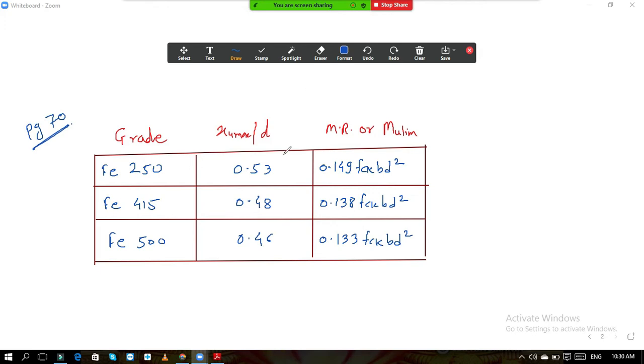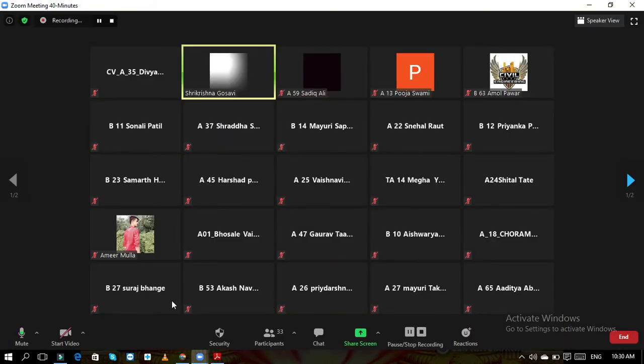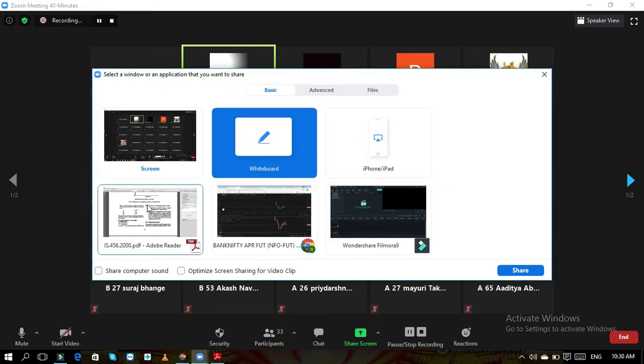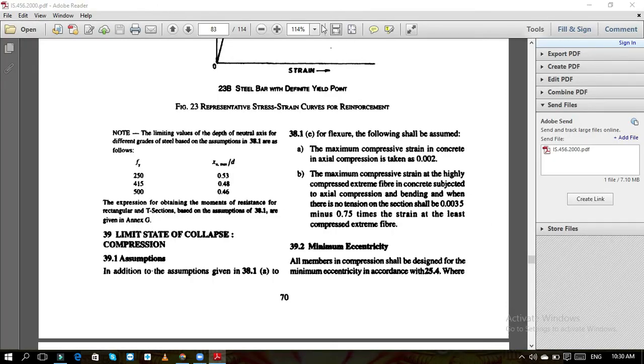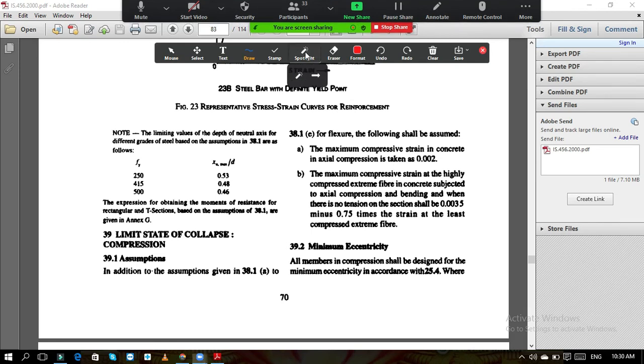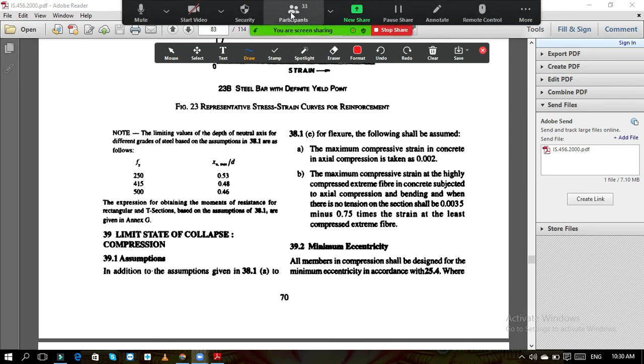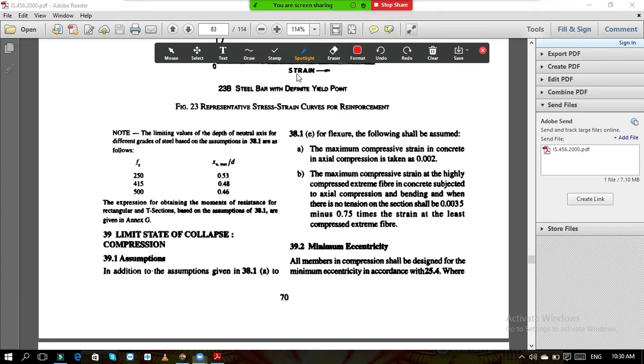Now we will see these values in the IS code. Here you can see the limiting values of depth of neutral axis for the different grades of steel: for Fe250 it is 0.53, for Fe415 it is 0.48, for Fe500 it is 0.46.